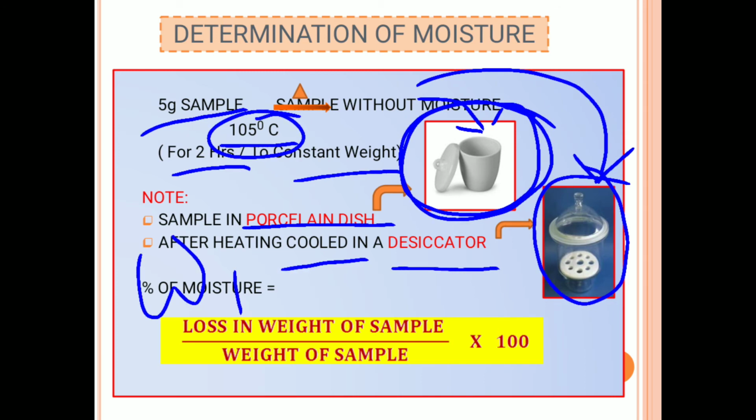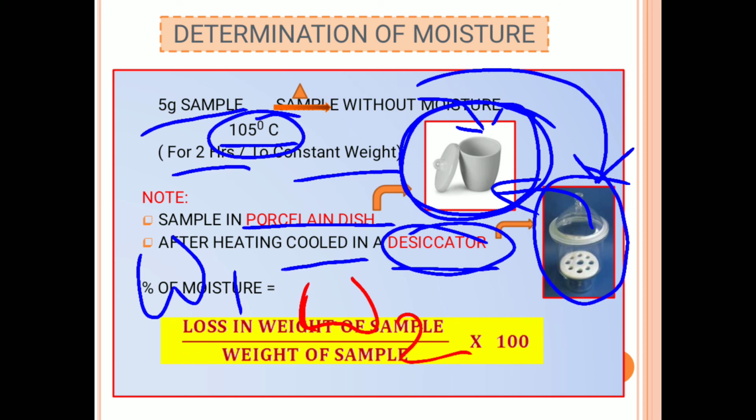You need to keep this dish into this desiccator. This is called desiccator. After that, take out this dish from this desiccator and weigh the sample weight along with the dish, and let the weight be W2.